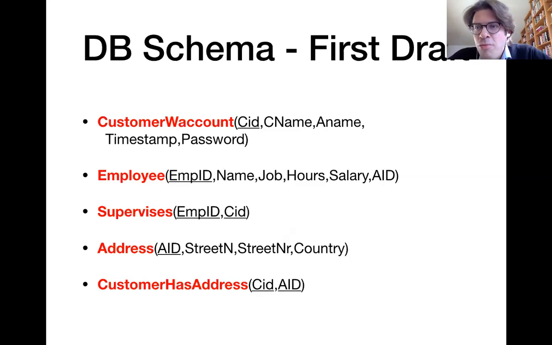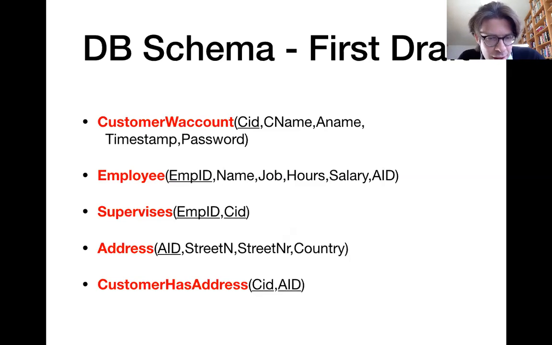All right, so here we assume basically that it is a one-to-one mapping, and that there might still be customers without an account. That is okay. But if there's an account, then it is only owned by one customer. And if we make that assumption, then we can represent, for instance, the supervisor's relationship by connecting employee IDs to customer IDs directly.